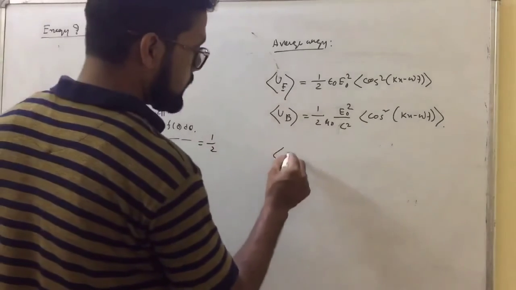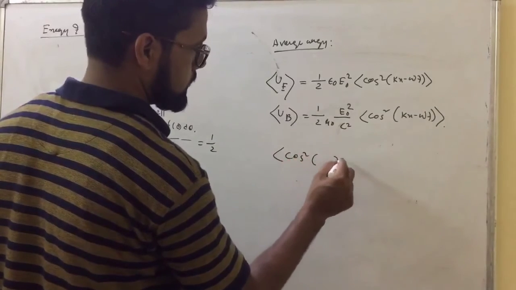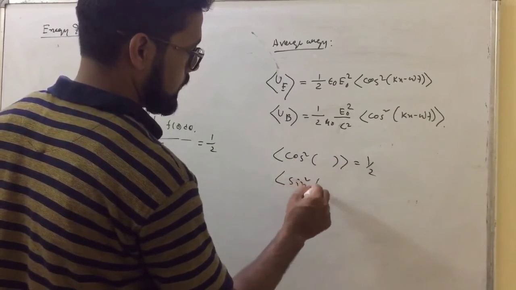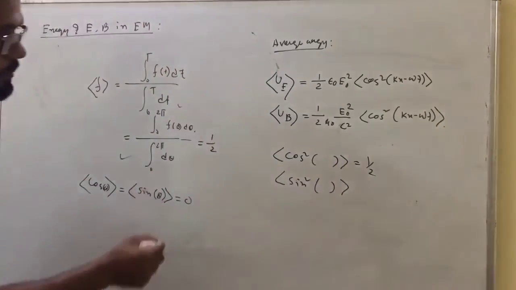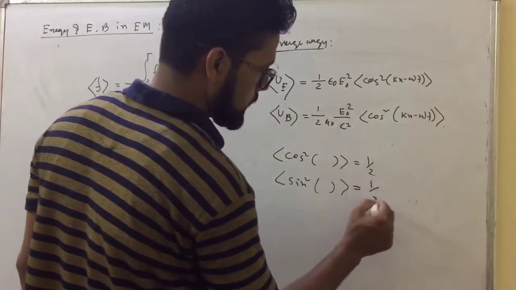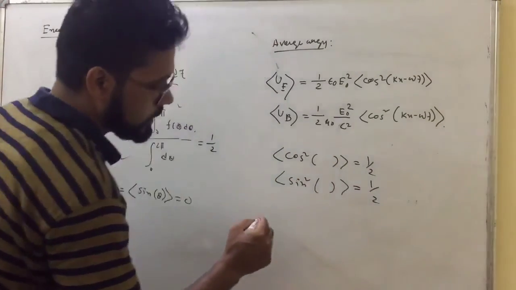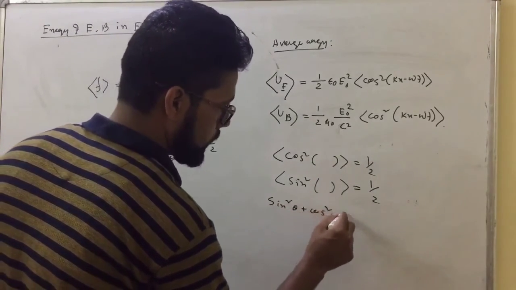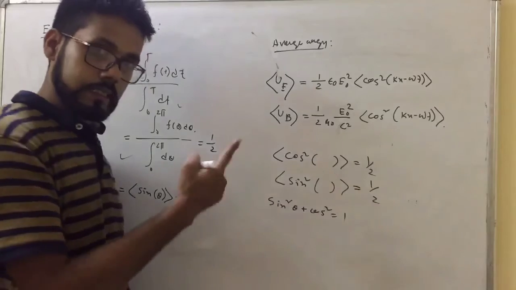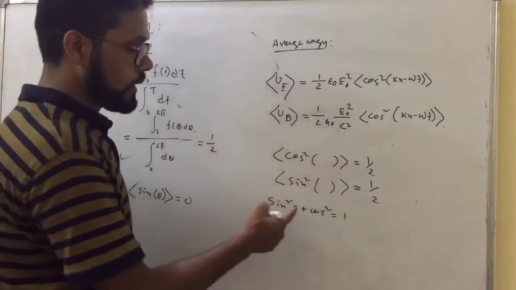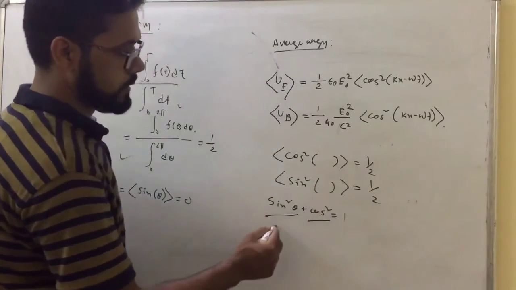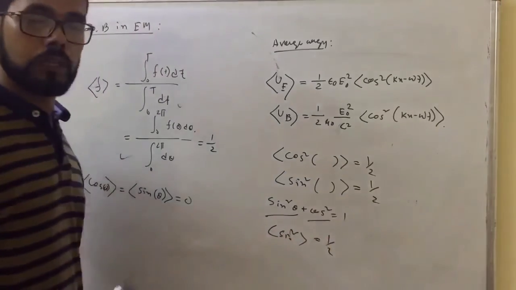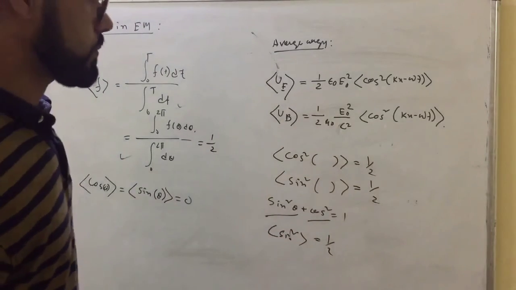So the average of cos square, whatever the function, equals half. The average of sine square, if you do the calculation using the formula, is very easy, half. Another way you can remember: since sine square theta plus cos square theta equals 1, the average of sine square must be equal to half.